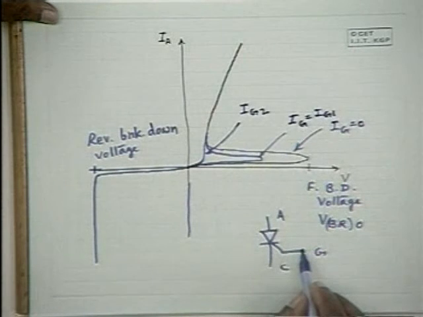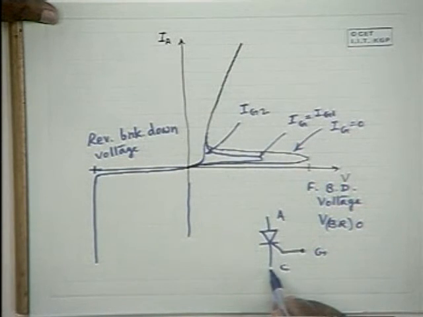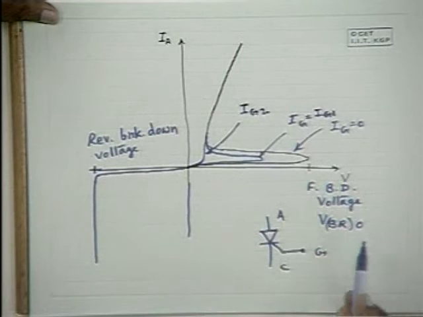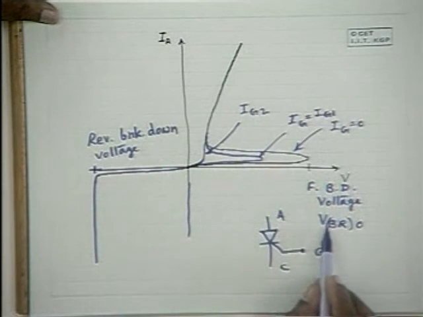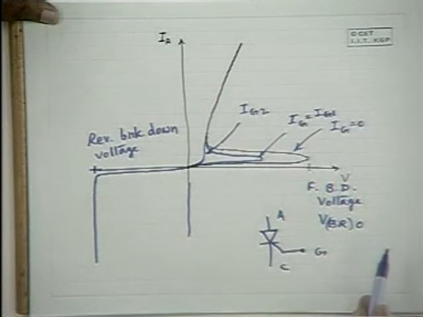When the gate is short circuited to the cathode, then it is VBRS. And sometimes in the circuit, to limit the gate current, a resistance can be connected between cathode and the gate, in which case it is written as VBRR. So these voltages are different.